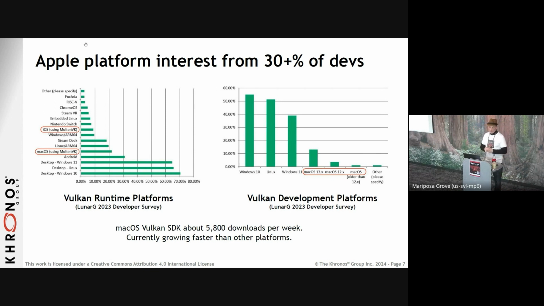For people who are just interested in Windows and download the Windows SDK, it's about 38,000. So a lot more, but still, in that realm of 20%-ish of the downloads are being targeted for the Mac environment.